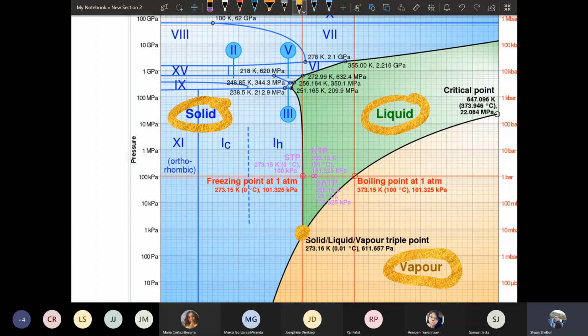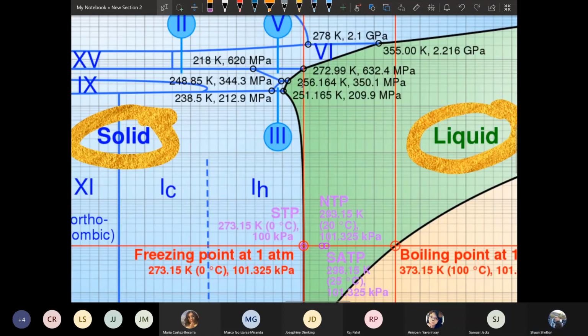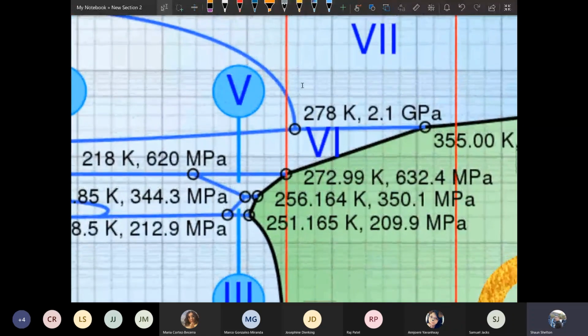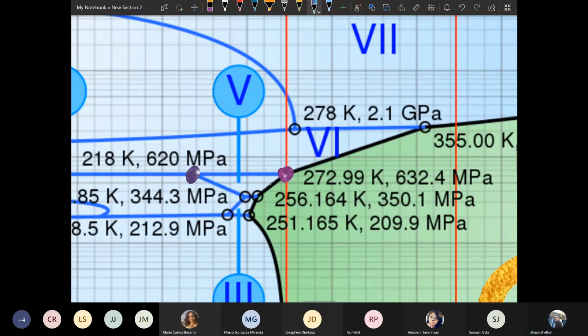Now, as you look closer at this phase diagram, I want to get close in on this. You see these little circles here. These circles that you're seeing here are representing other triple points.